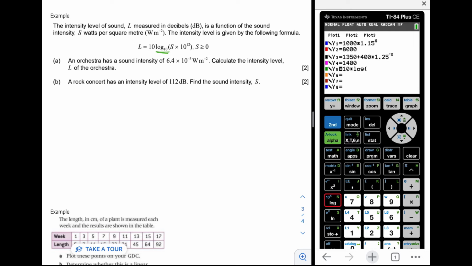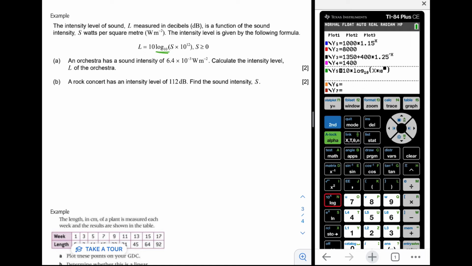If we had a different base, then what we would be using is clicking on math, and then we can scroll up because it's a shortcut, and you choose the button log base. And then this allows you to put whatever base you want as a logarithm. Then we have x times 10 to the power of 12.